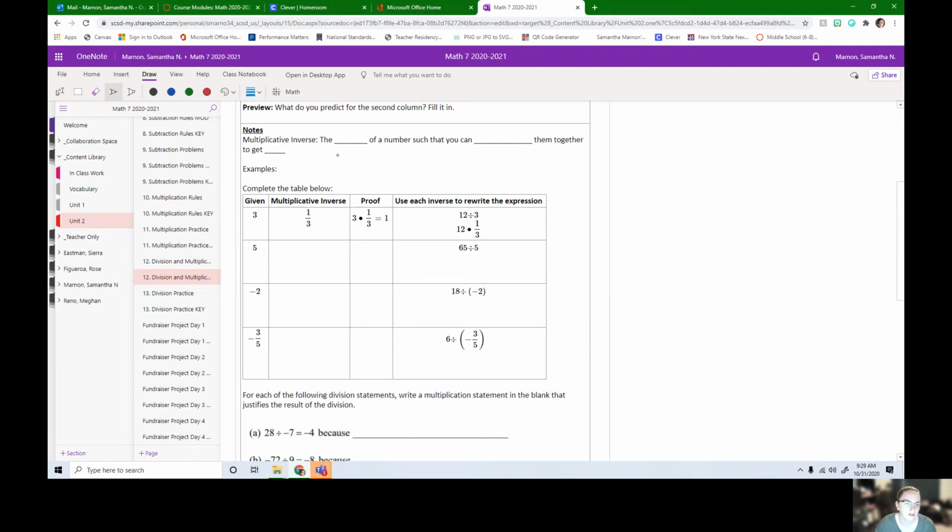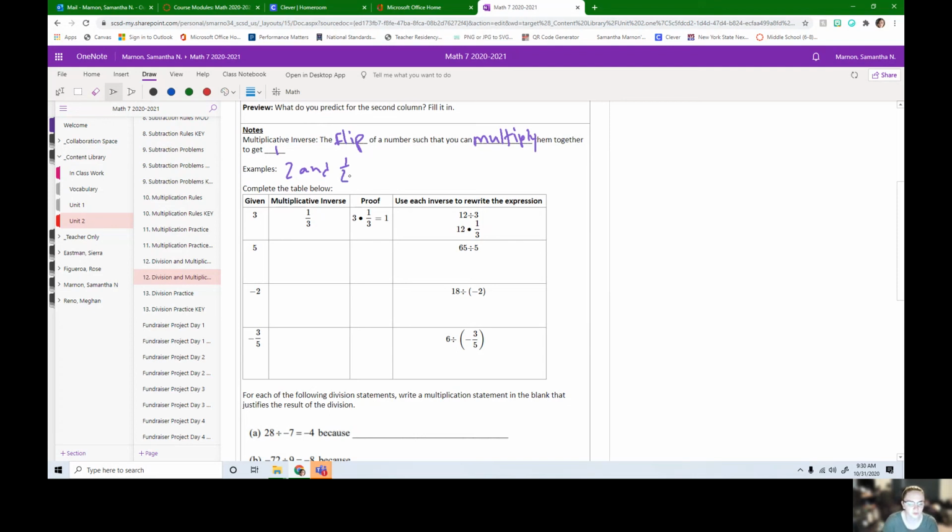Okay, so I'm going to tell you that this is the flip of a number such that you can multiply them together to get 1. So some examples, if you had 2 and 1/2.